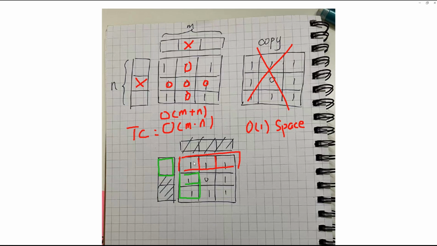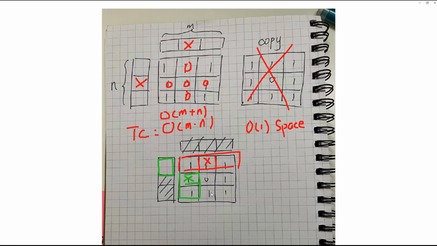So we will still go through every element in the matrix, and if there is a 0, we will mark this column and also mark the row. After we go through every element, we will check back the first row and the first column to reset the entire rows and columns that are marked.